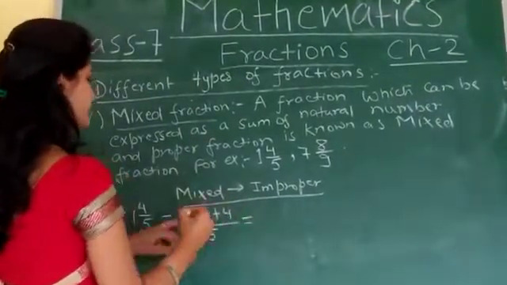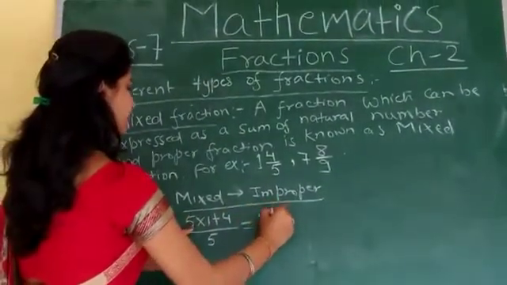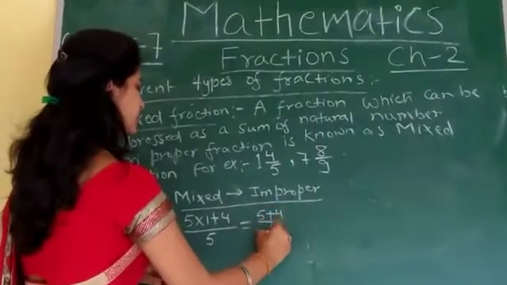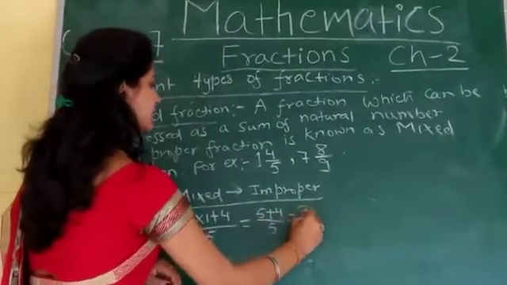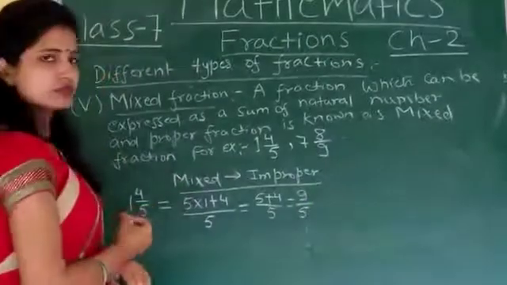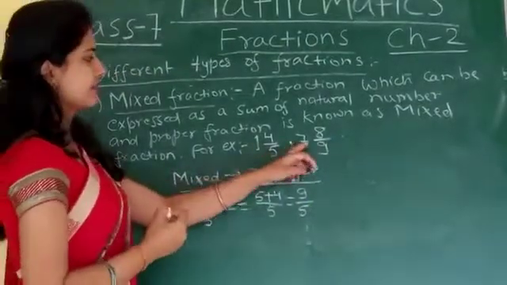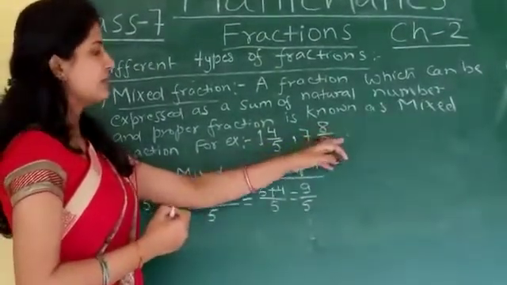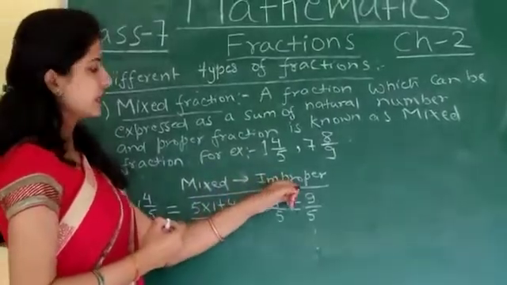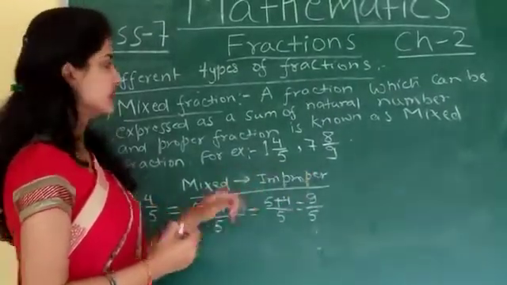That is equal to 5 plus 4 by 5, that is 9 by 5. Another is 7 whole 8 by 9 and you have to convert it into improper fraction. How do we do this?